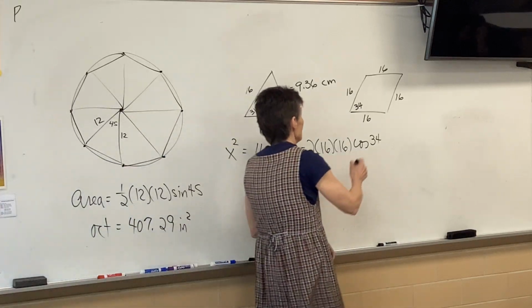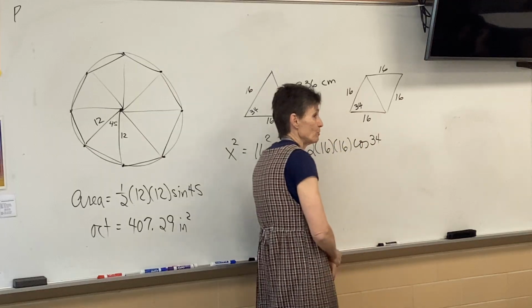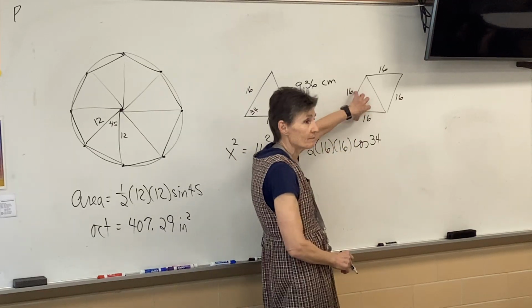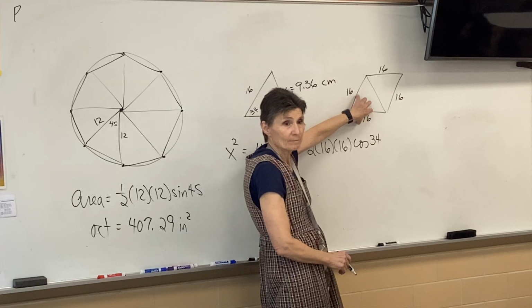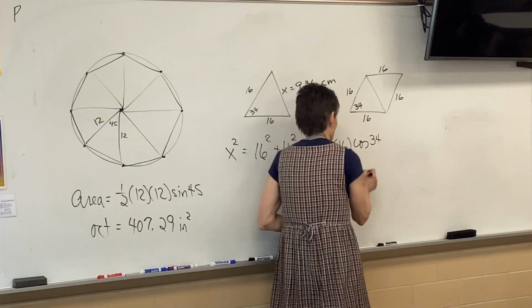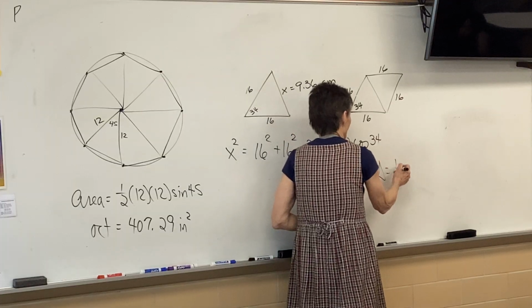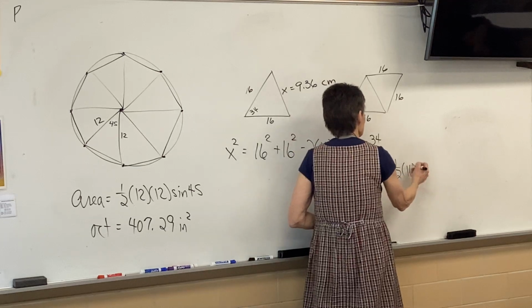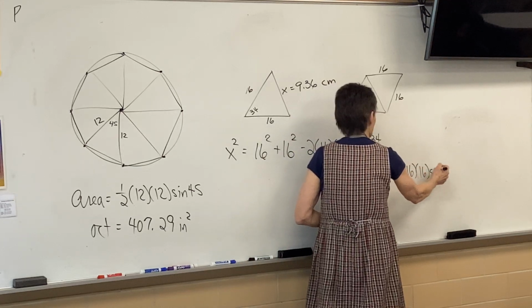Well, can I draw in the same diagonal I drew before and find the area of this triangle right here? What's the area of that triangle going to be? 1/2 times 16 times 16 times sine 34.